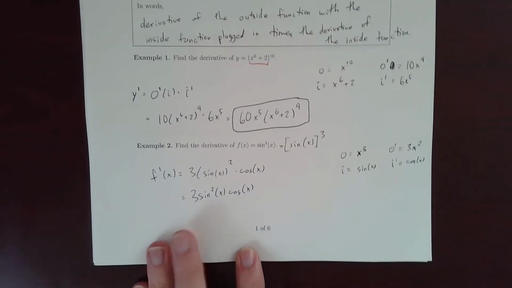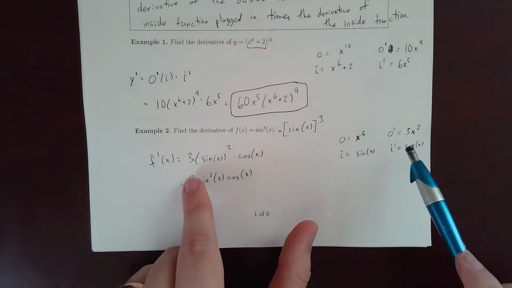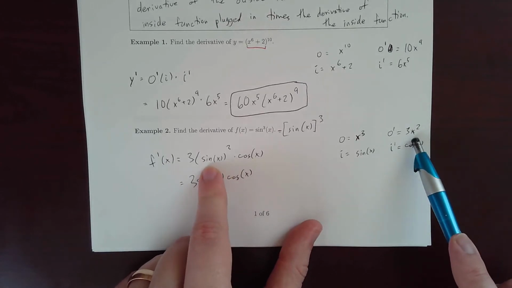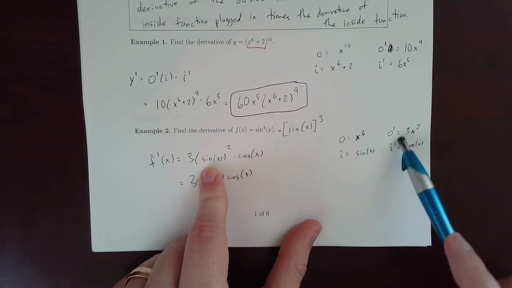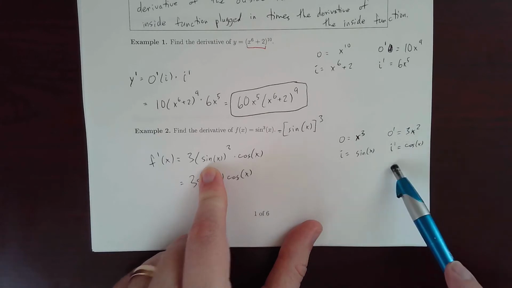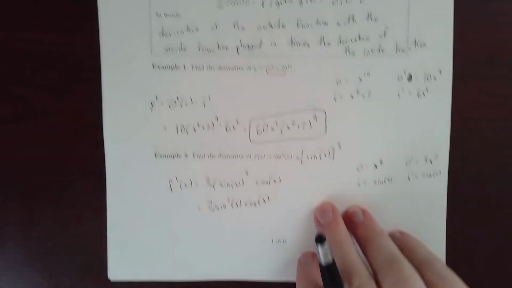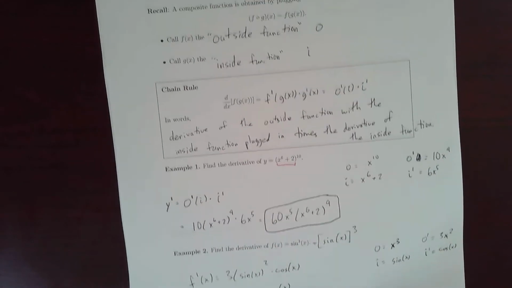So again, how we did this is we said we're looking at the derivative of the outside, but instead of plugging in x, we're plugging in the inside function, so sine x replaces x, and then times the derivative of the inside function. Alright, 2 examples down, a lot to go.